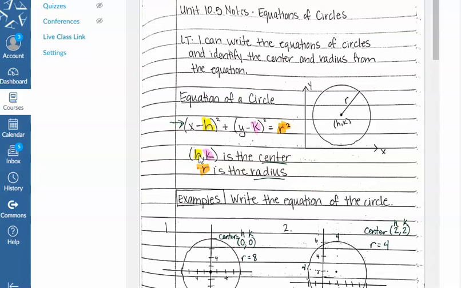If I had -1 and I plugged it in there, it would become a +1. If I had a +3 and I plugged it in, it would become a -3. So basically you're always changing the sign of your center, and we'll talk about this more. And then for this, if my radius is 9, I would have to square it, so the number would be 9 times 9, which is 81. So that's what our equation would look like.